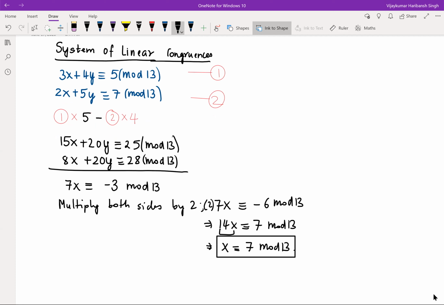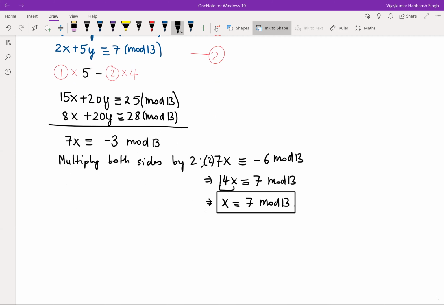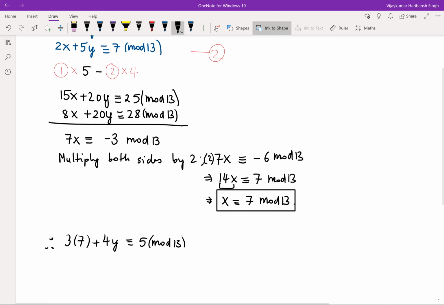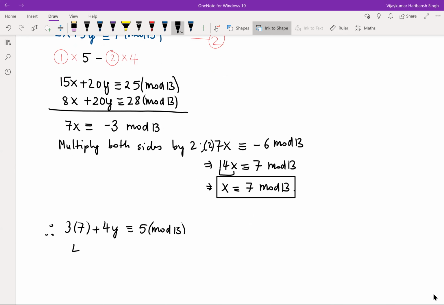Now take this and substitute in any one of the equations. Let's put it in the first equation. So 3 times 7 plus 4y is congruent to 5 mod 13. 3 times 7 is 21, so we get 4y equals 5 minus 21 mod 13.